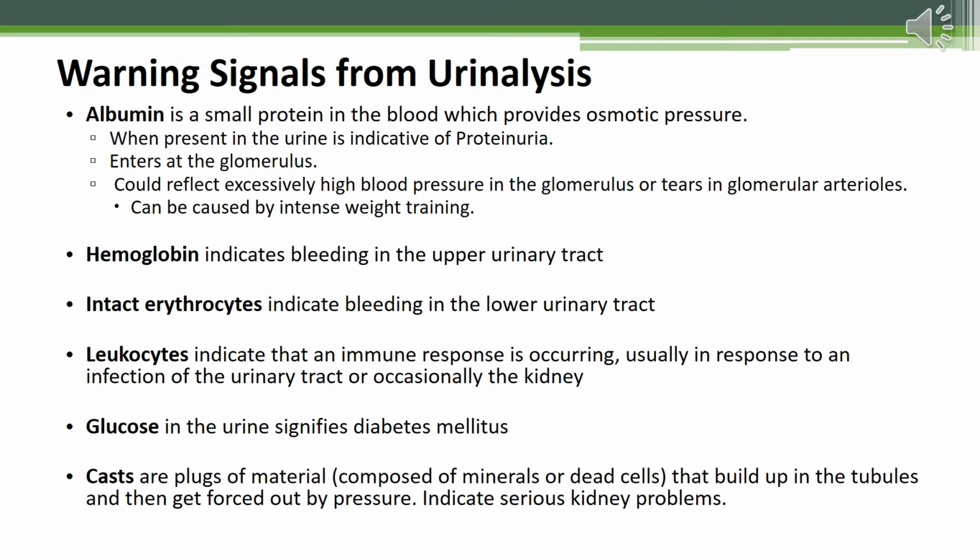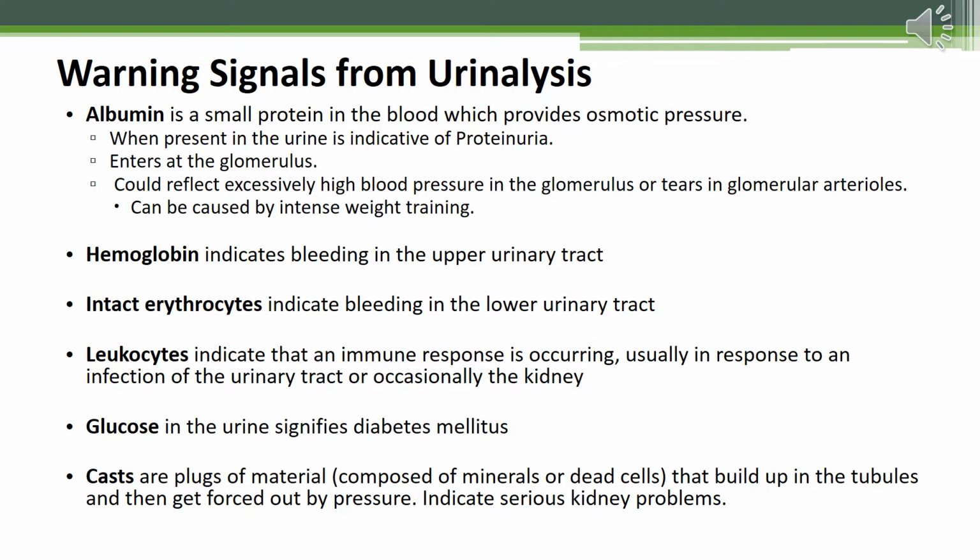Hemoglobin in the urine indicates bleeding in the upper urinary tract, whereas if you're finding intact erythrocytes, this indicates bleeding in the lower urinary tract, and either of these could signal a severe UTI or other more serious problem.